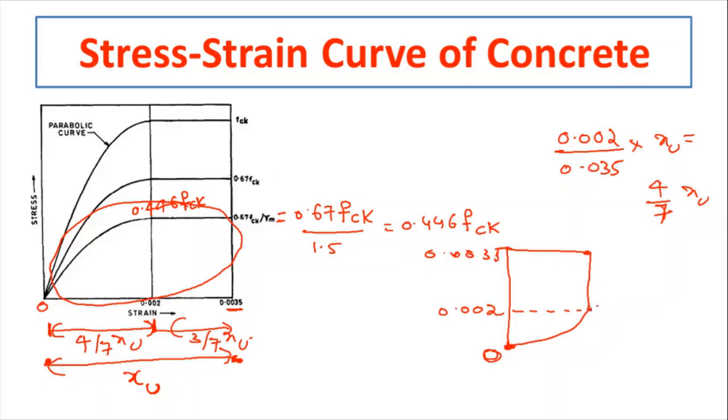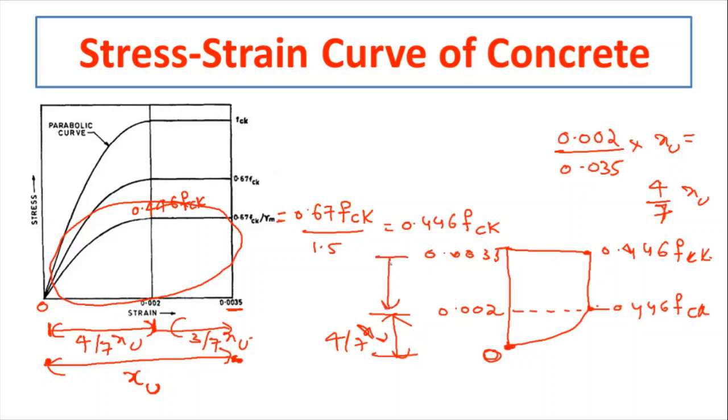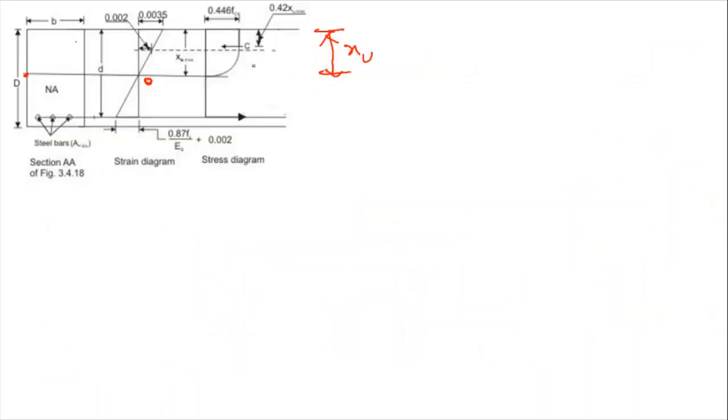And here the stress is 0.446 FCK, and here also 0.446 FCK. The depth up to this point is 4 by 7 XU, and the remaining depth is 3 by 7 XU. So this same stress block we will use in the limit state method also.